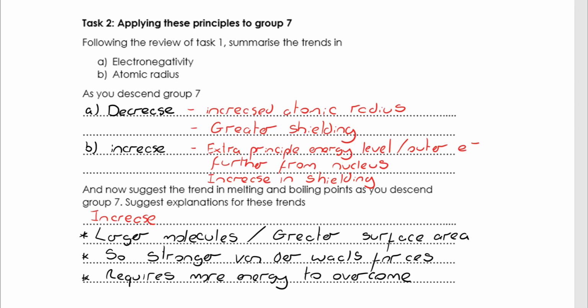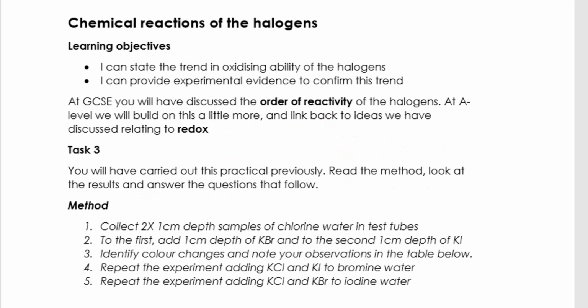Okay, we're going to move on to look at some of the chemical reactions of halogens now. We're going to look at one specifically in this lesson. And this is the displacement reaction that you will hopefully be relatively familiar with from GCSE as well. So we need to be able to talk about the trend in oxidizing ability of the halogens and provide experimental evidence to confirm this trend.